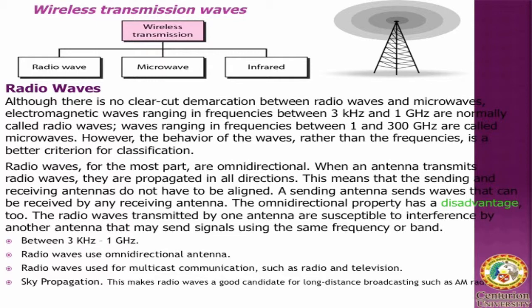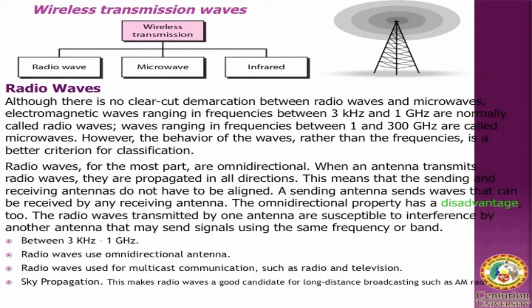Okay, what is radio wave? We know that from 3 kilohertz to 300 gigahertz we have radio wave and microwave. Approximately from 3 kilohertz to 1 gigahertz is the radio wave, and from 1 gigahertz to 300 gigahertz is your microwave.